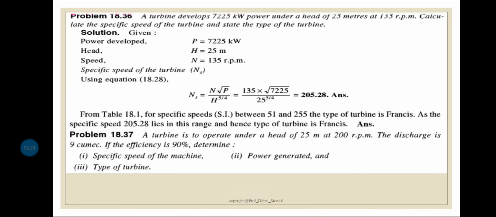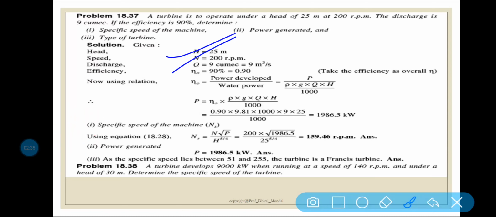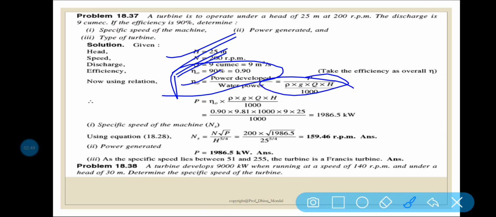Put the value, then the power you can find out. All values are given. The overall efficiency is equal to the shaft power developed by the water power. Now you have to calculate the power. Power is equal to overall efficiency into water power, and water power is equal to rho g Q H by 1000.